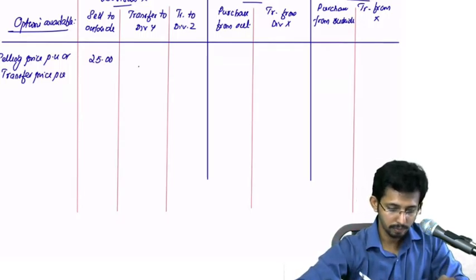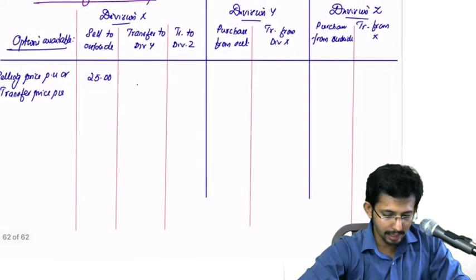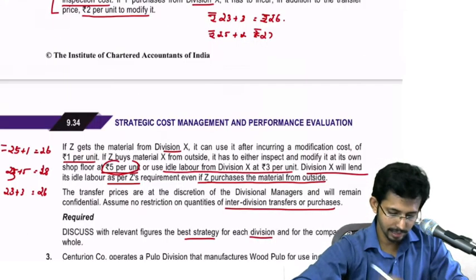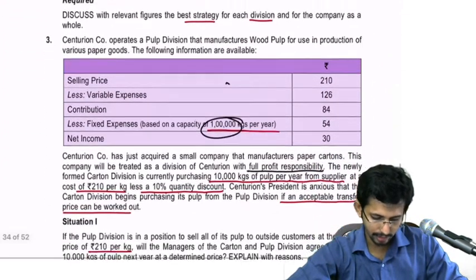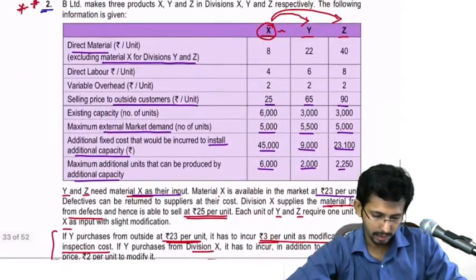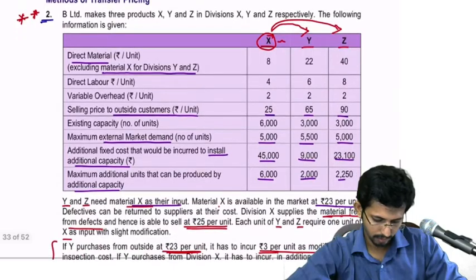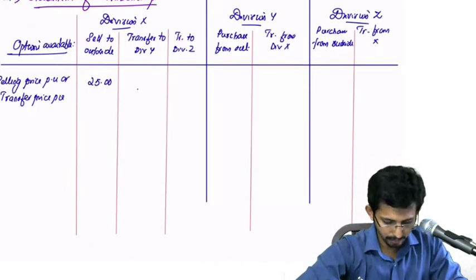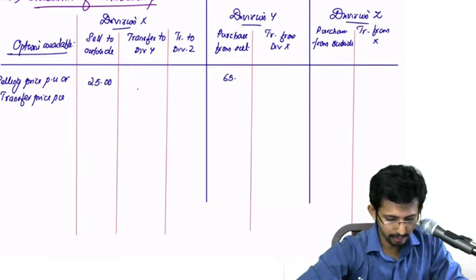Now in case of division Y, purchase from outside, what would be the selling price? The selling price is given, the rate at which they are selling the products. Selling price 65 and 90. So here it will be 65.